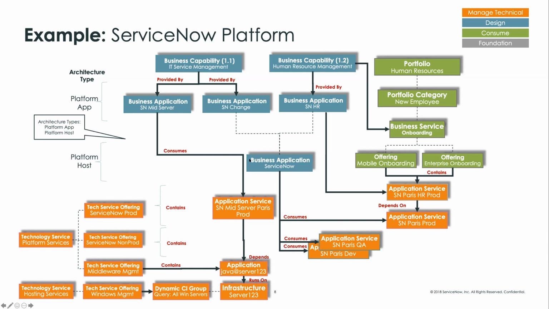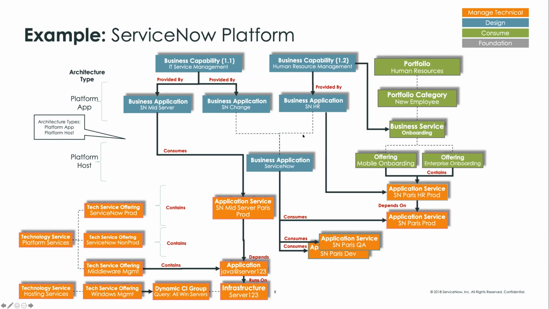So in this scenario, we've got our business application of ServiceNow as the platform host, and on business application is an attribute called architecture type, where you can identify that that's the platform host, or it's a platform app that runs on that host. So if we look at various platform apps, it could be the mid server, it could be ServiceNow Change, it could be ServiceNow HR. All of those are platform apps that are part of that overall host. So you can start to build that hierarchy of modules, et cetera, from a platforming perspective.